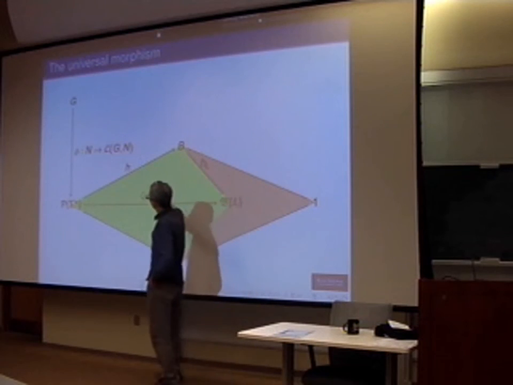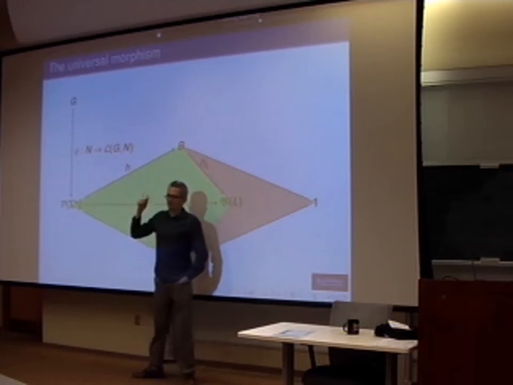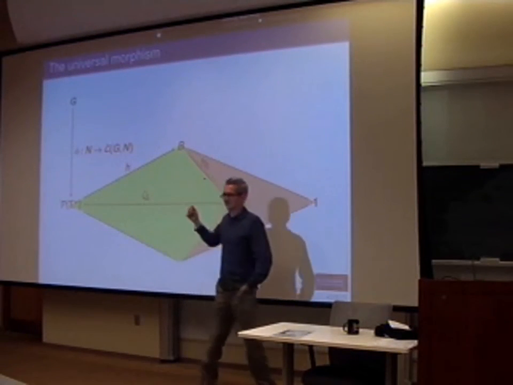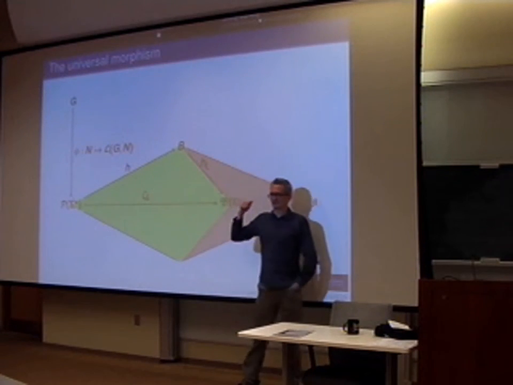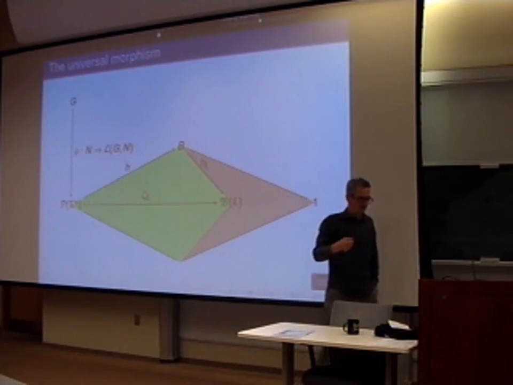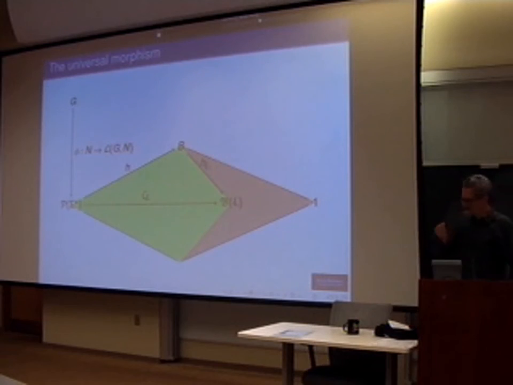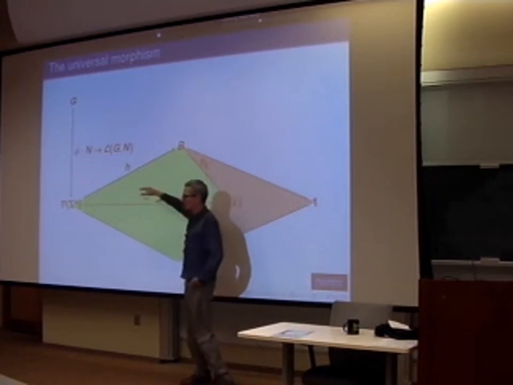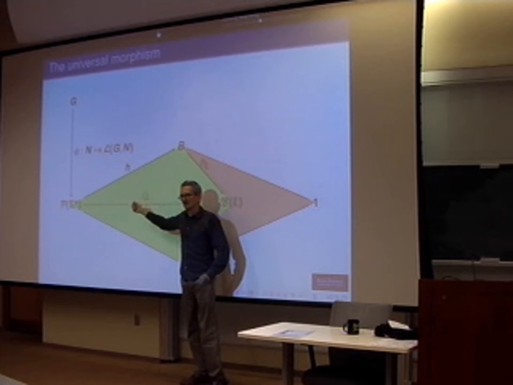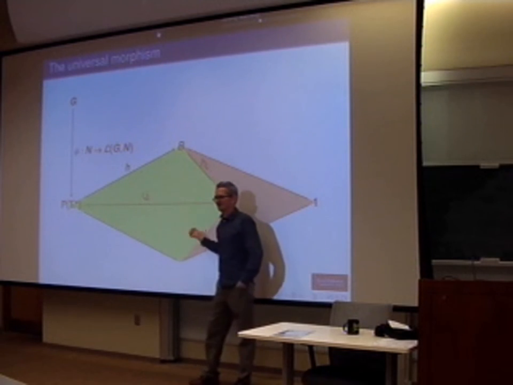Now, if you do that, you don't get the universal property. If you map it in that way, you don't always end up with a grammar that has the right properties.